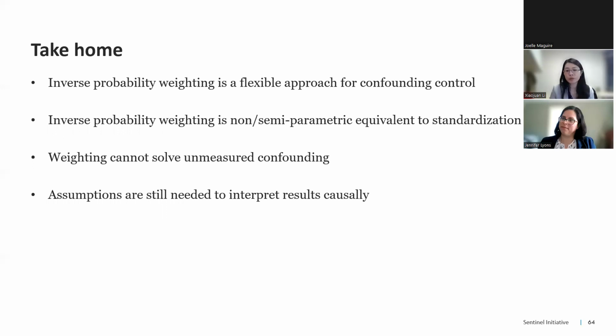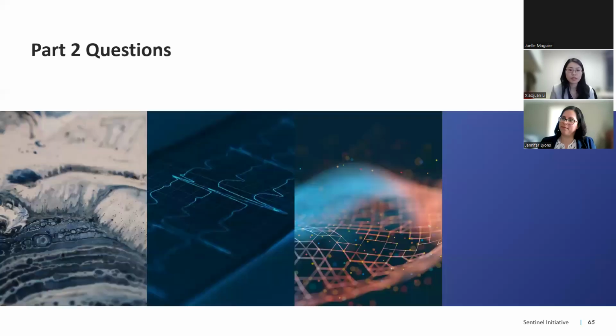But please note that weighting cannot solve unmeasured confounding, and it doesn't free us from needing the causal assumptions to interpret all these results causally. With that, I would like to conclude the section and see if you have questions.